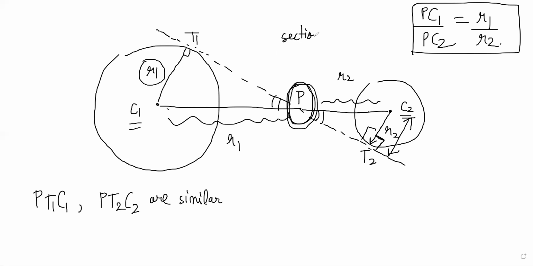And if we know the position of P, we just need the equation of the line, so we just need the slope now.